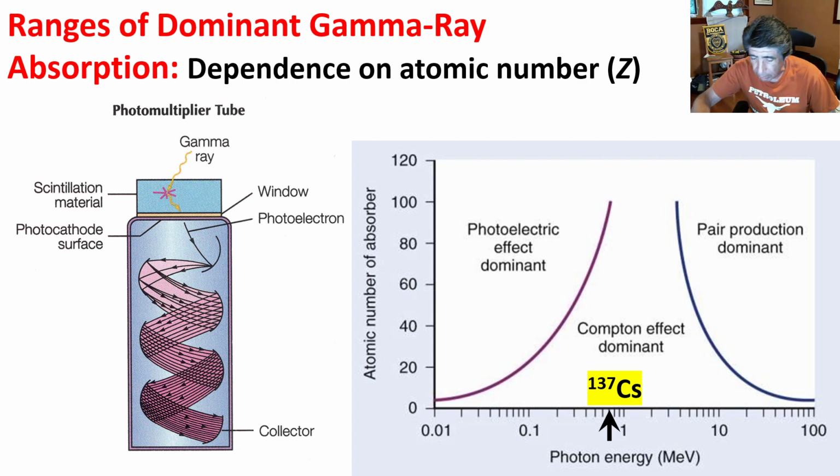Now, gamma rays, when they make it to the sodium iodide detector, will come with different energies. But in all the cases, the scintillation material will convert the photon into light, into voltage, essentially. The light will also be photomultiplied for amplification inside the photomultiplier.